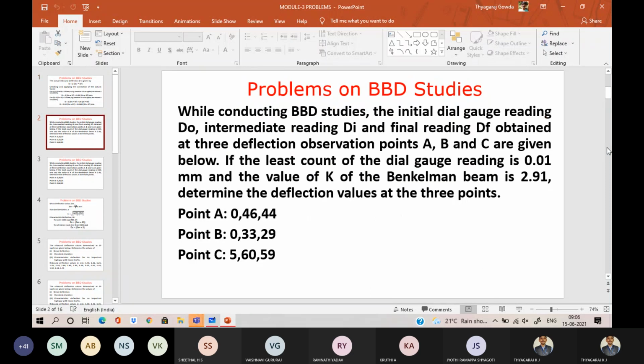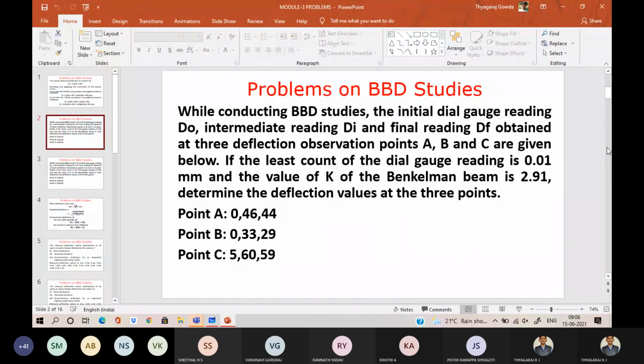Okay. Note down the first problem. While conducting BBD studies, the initial dial gauge reading D0, intermediate reading DI, and final reading DF obtained at three deflection observations A, B, and C are given below.